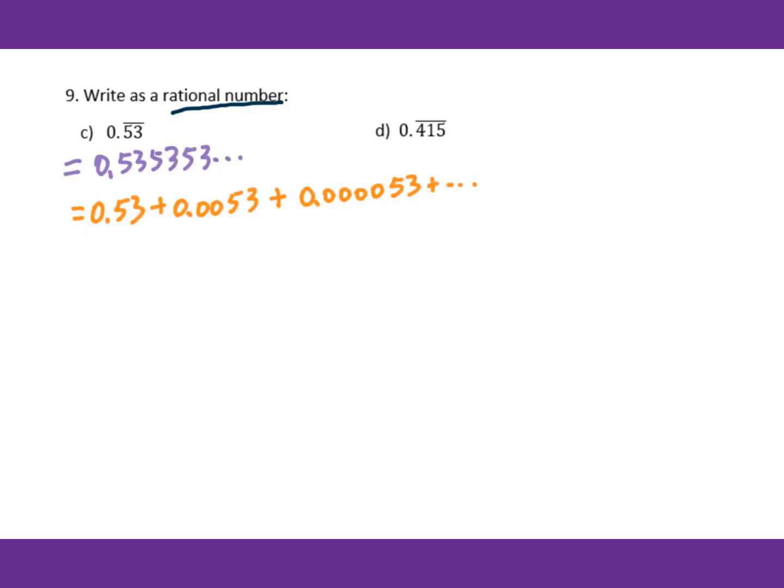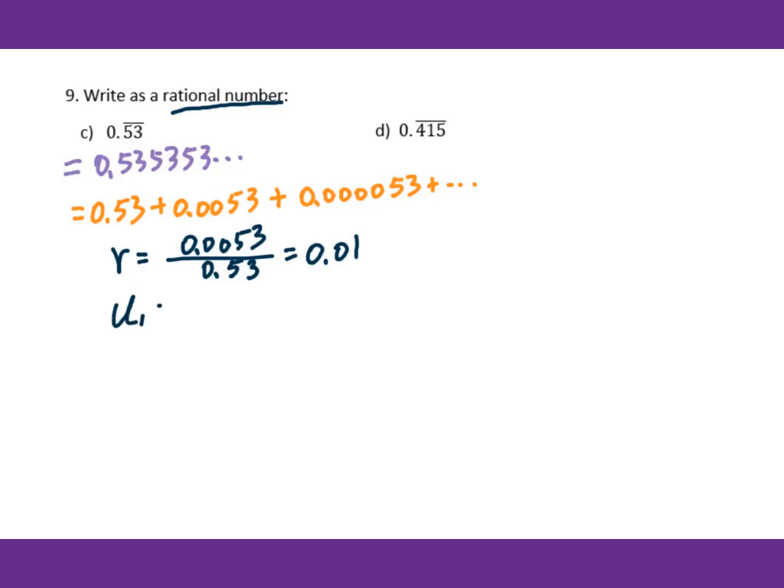You could say this is a geometric series. r equals 0.0053 over 0.53, which equals 0.01.